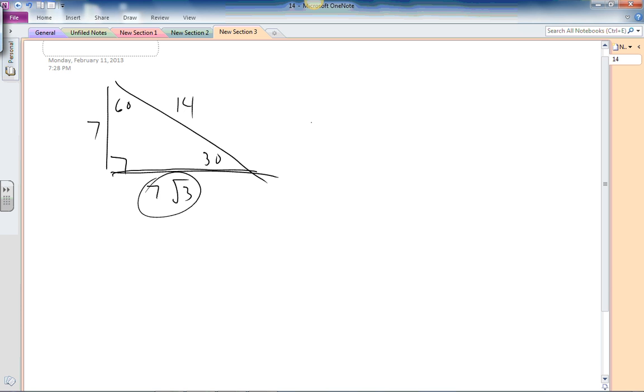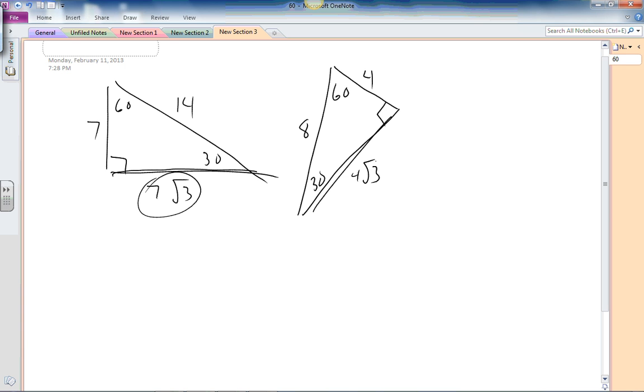Suppose I said, all right, here is my right triangle. Now this is 30, this is 60, and this is 90. If I give you the short leg, again, let's say that this is 4. Well, the hypotenuse is going to be double that, that's 8, and the long leg is going to be 4 times the square root of 3.